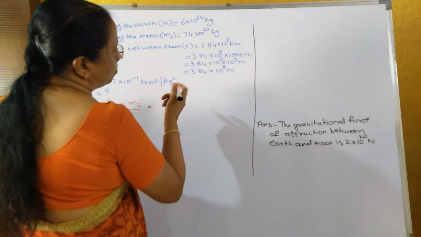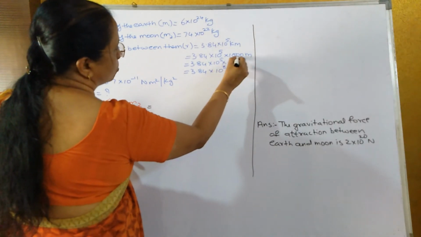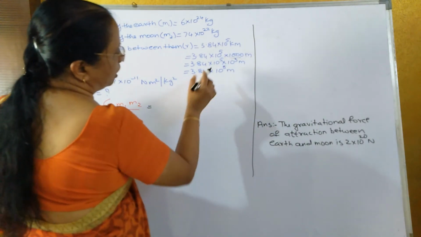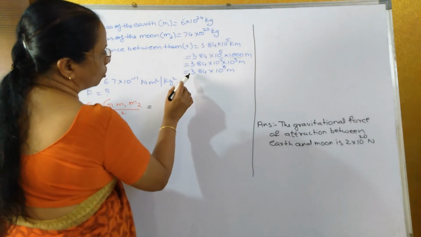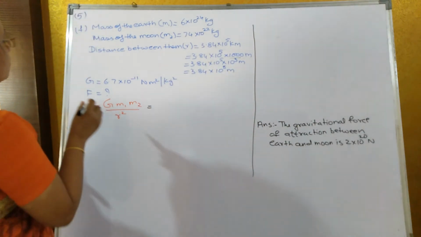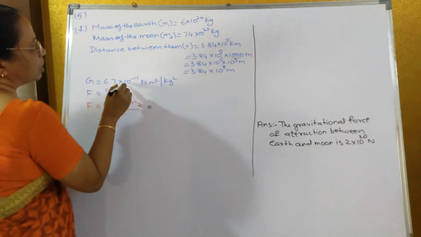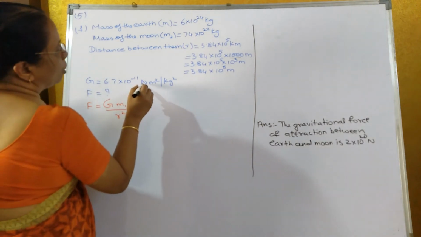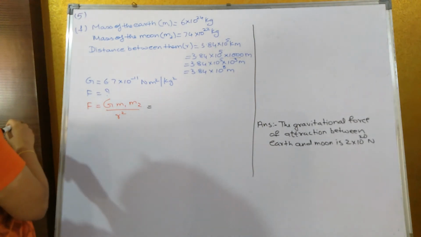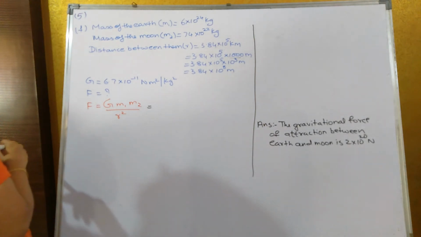Convert that into meters, so you have to multiply by 1000, which is 10 to the power of 3. So 5 plus 3 is 8. So 3.84 into 10 to the power of 8 meter. The value of G is given as 6.7 into 10 to the power of minus 11 Newton meter square per kg square. You have to find out the gravitational force between the earth and the moon.